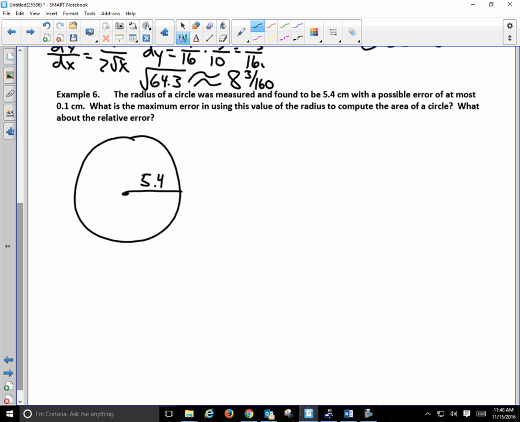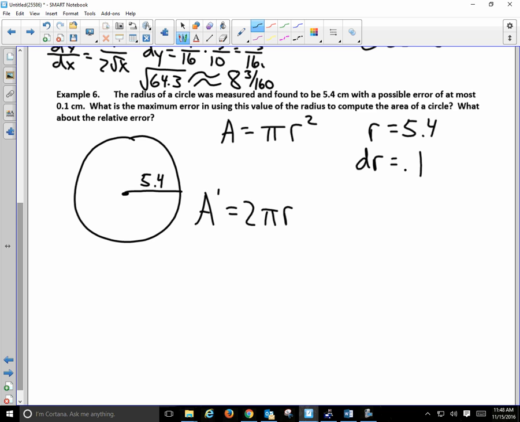Well, we have a formula for area. Area is equal to pi r squared. We know the current r condition. The radius is 5.4. And we also know dr. We know how much the change might be. How much? Yeah, 0.1. So now we just take the derivative. Derivative of area, area prime, is equal to 2 pi r prime.